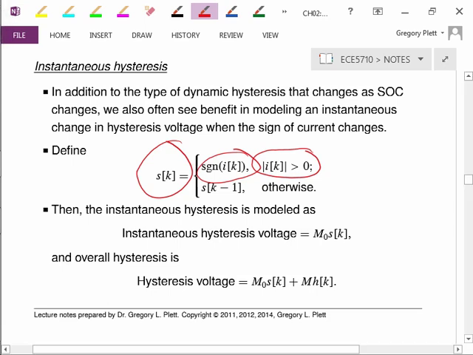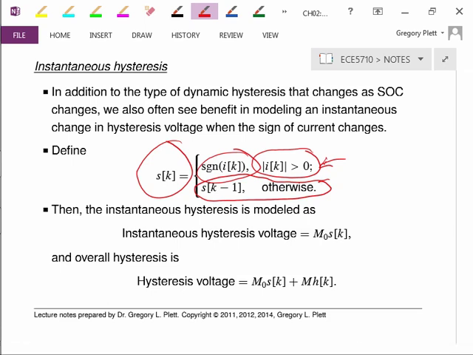If I of k is 0, this equation says, I don't know what to do, so I go to the otherwise case. It says, otherwise, I reuse the previous value of Sk. So Sk is the sign of current, but it has memory that remembers what the previous sign of current was if I was resting.